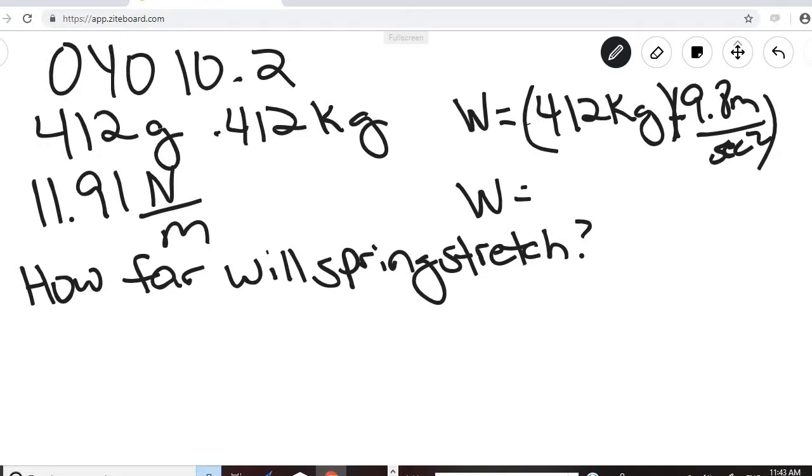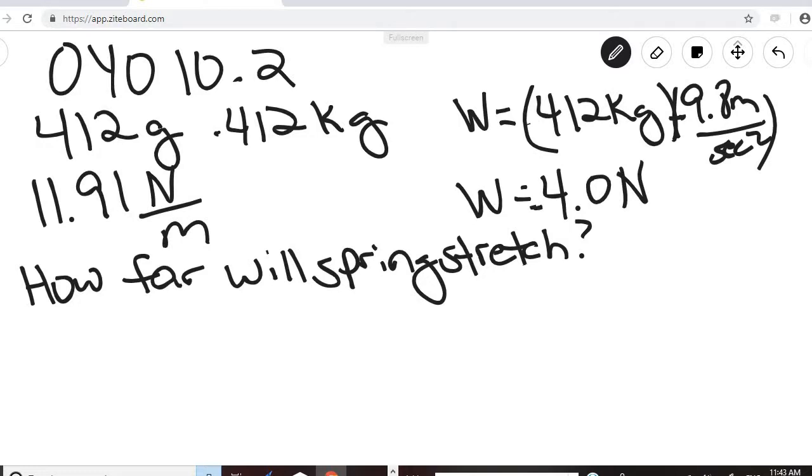So we get 4.0 newtons, and that will be negative.